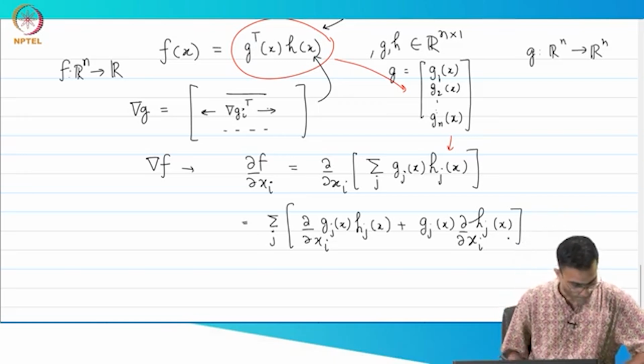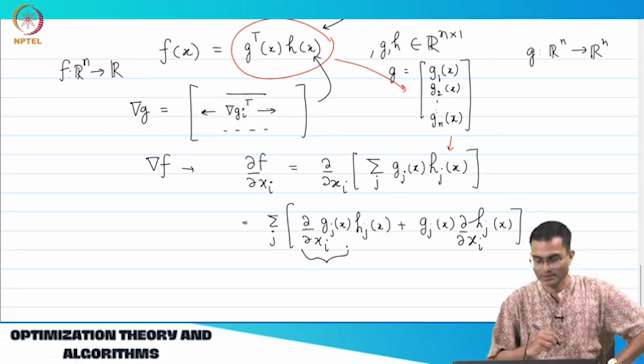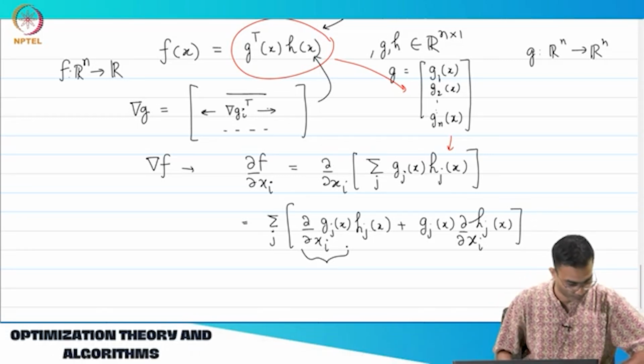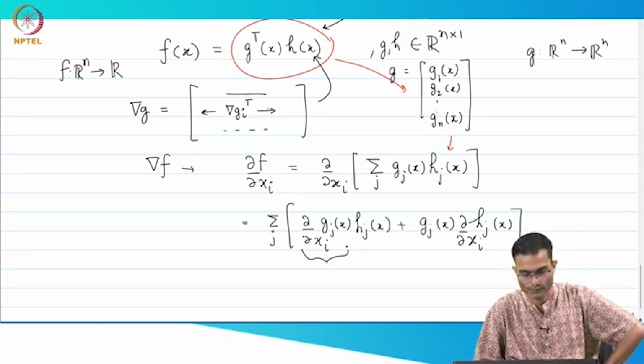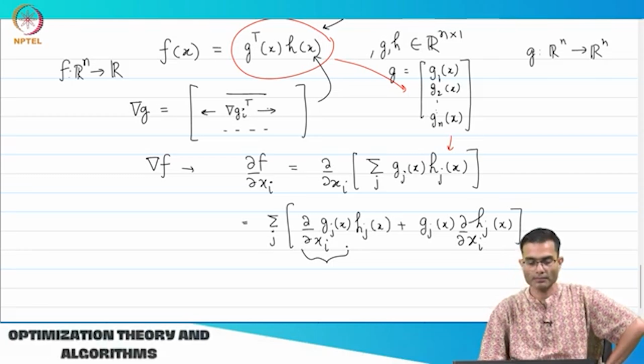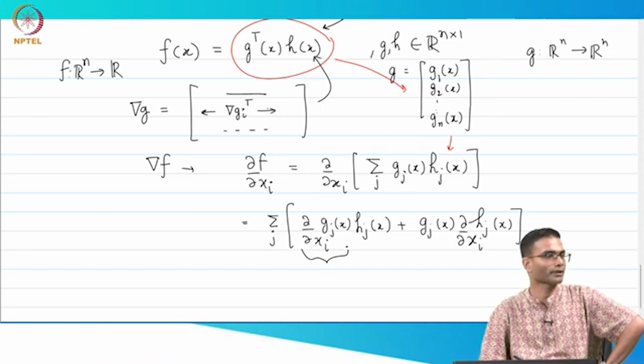What does this remind you of? Del gj by del xi. i is constant. What is the variable that is roaming around? j.